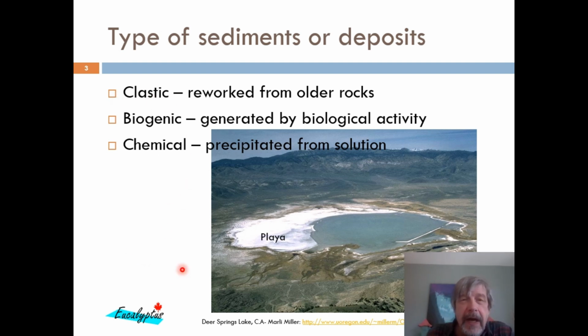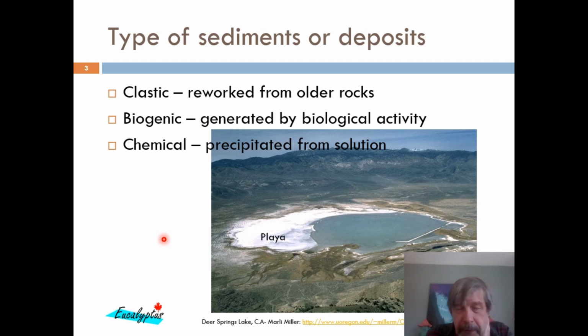So clastics are rocks that have been reworked, pre-existing rocks that have been reworked and weathered. And then the erosional products, the boulders and the cobbles and the pebbles and the sand grains and then the very fine-grained clays have been transported, typically by water, right, by a river or by waves in the sea, to a location of deposition where they dropped out and formed a clastic deposit.